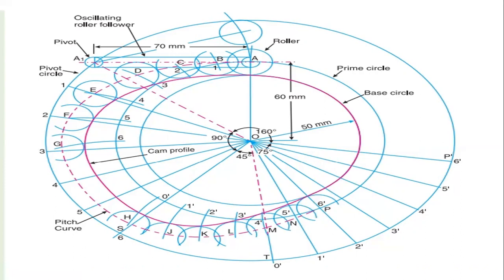So that is the question, and we have to draw the two circles there. First one is the base circle which represents the cam circle. Second one is the prime circle, which represents the roller to be rolled.